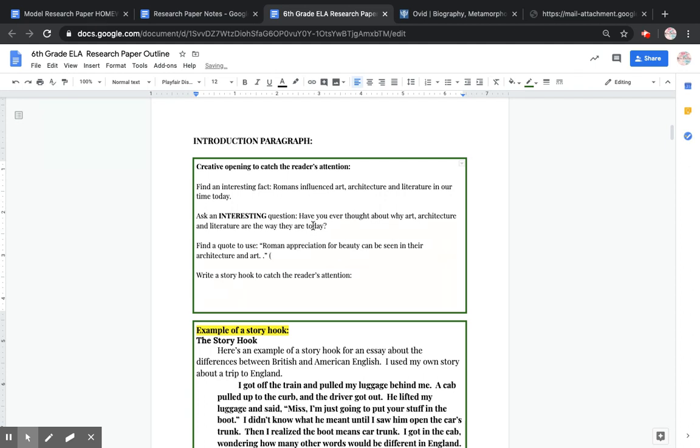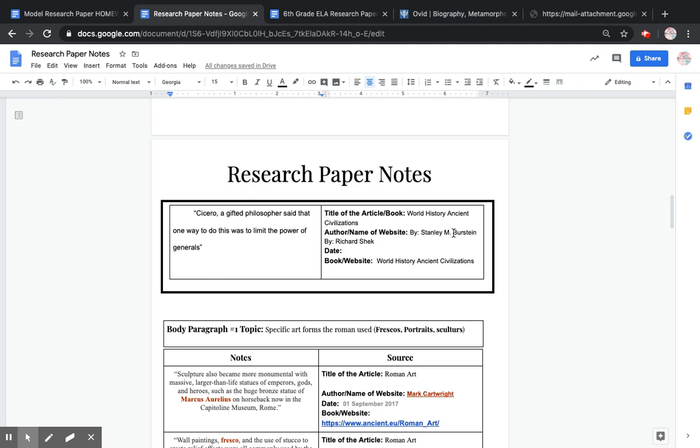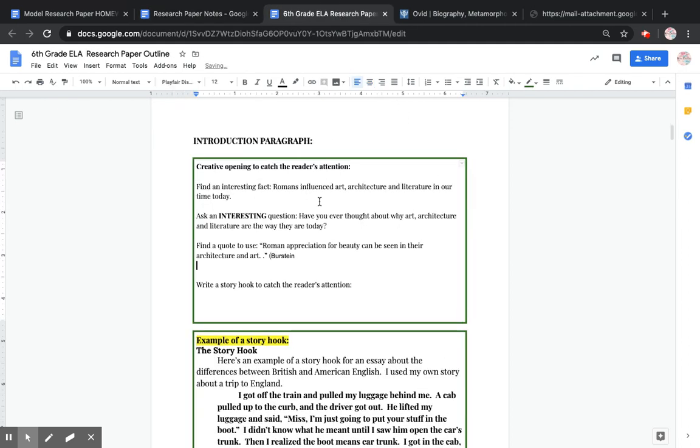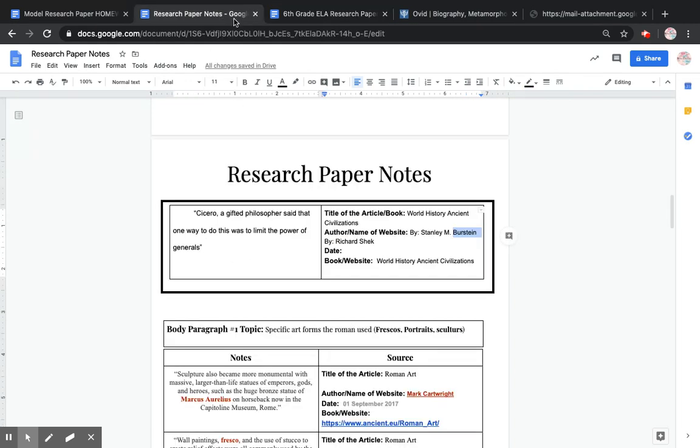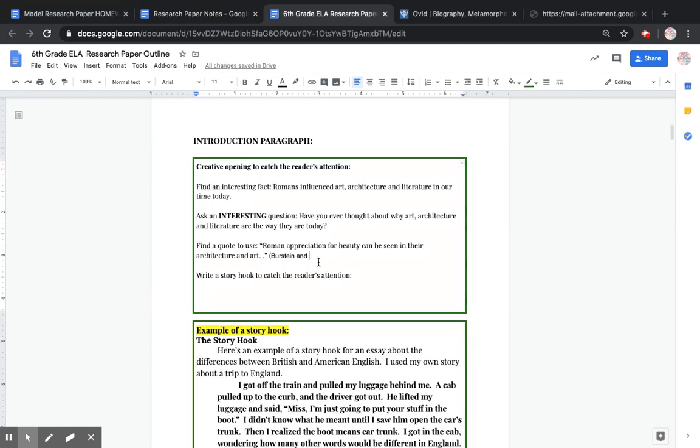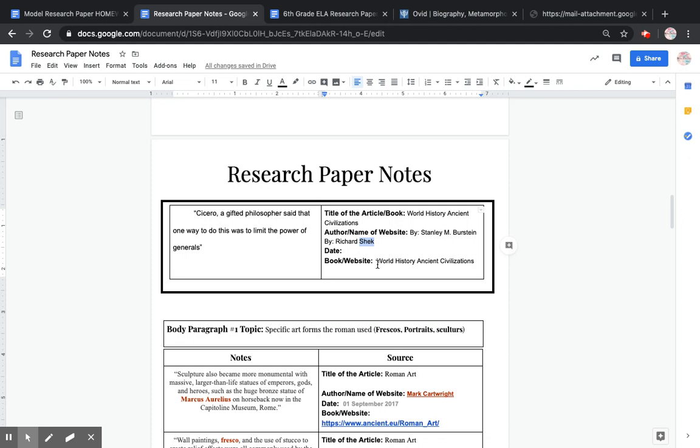So I would do it with the last name of Bernstein. Copy this into that. And then I'm going to put the title of the book right here.